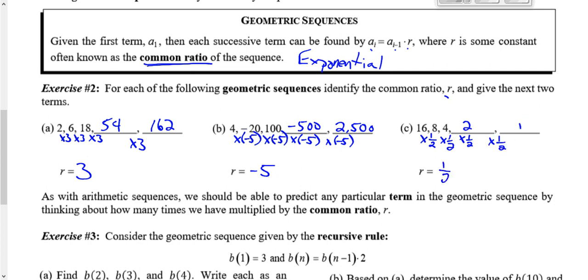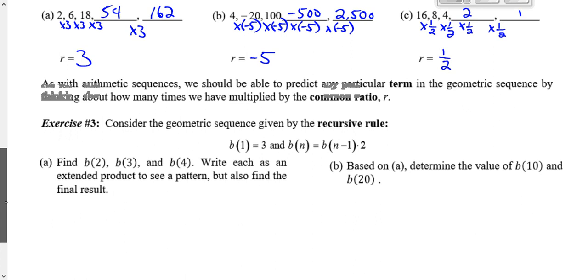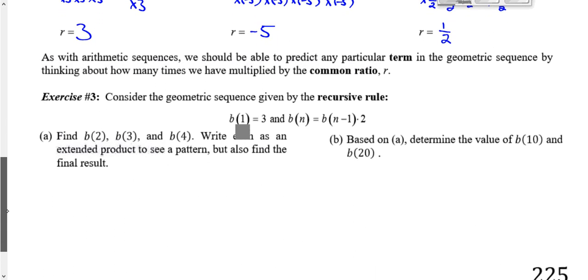So the common ratio, I should say here, is 1/2. If we were doing an exponential function, wouldn't that be the b inside the parentheses? Right? Okay.